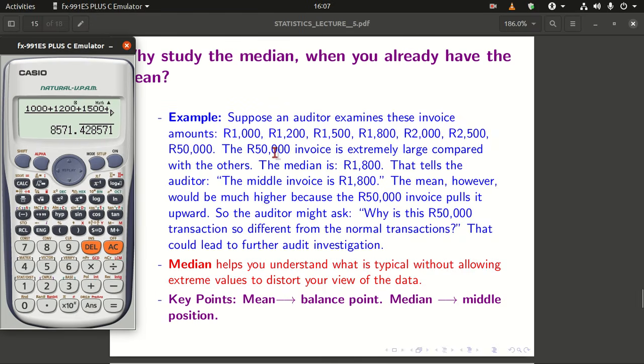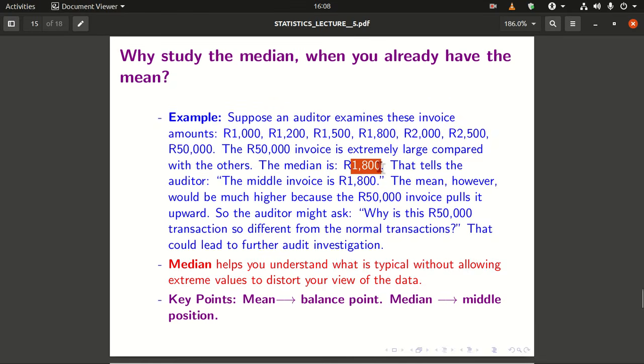Even if you don't have the data and are not seeing it, just by seeing the mean and the median being too different, it tells you that the data is not well distributed. It has an outlier. I hope that makes sense. And this 50,000 is not a typical invoice or a usual value in the data.